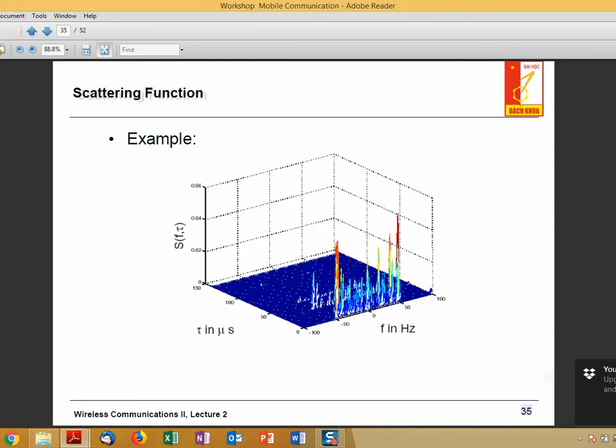So we have a Doppler frequency here, and that T, I'm sorry, that's tau, not T. Tau is the time delay.